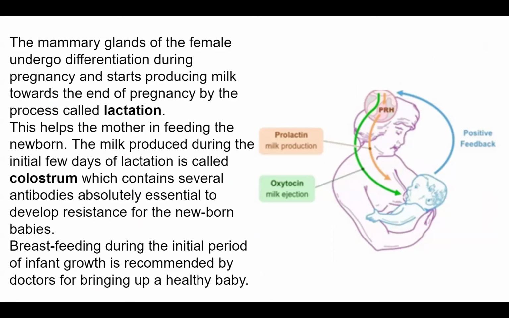The milk produced during the initial few days is called colostrum. What is colostrum? It contains several antibodies absolutely essential for the development of resistance in the newborn baby. Breastfeeding during the initial period of infant growth is recommended by doctors for bringing up a healthy baby.